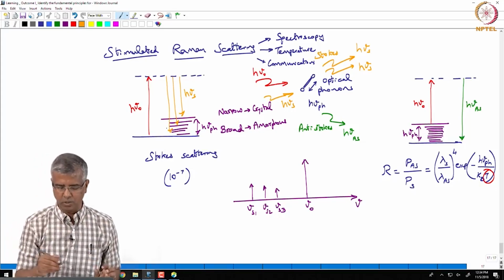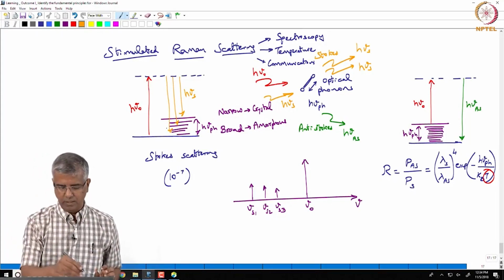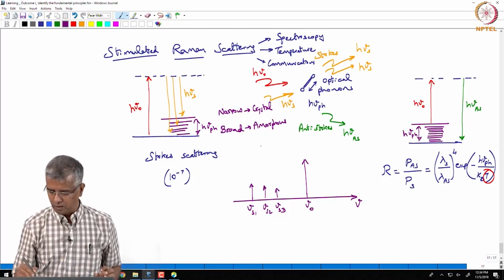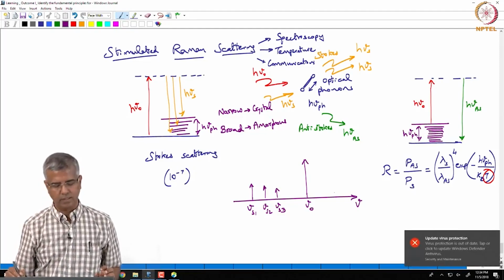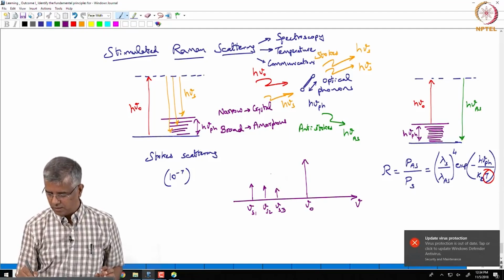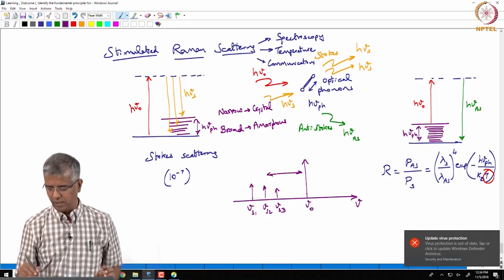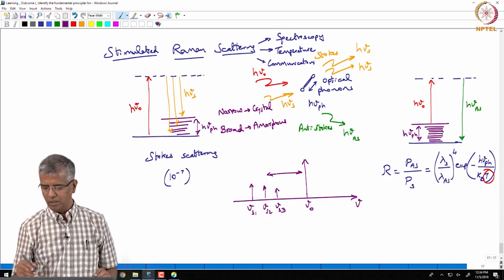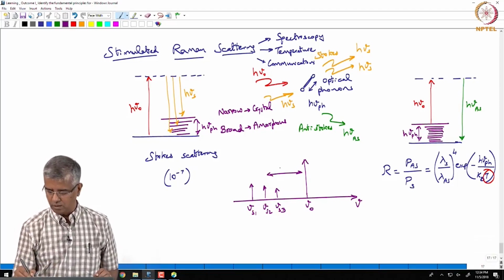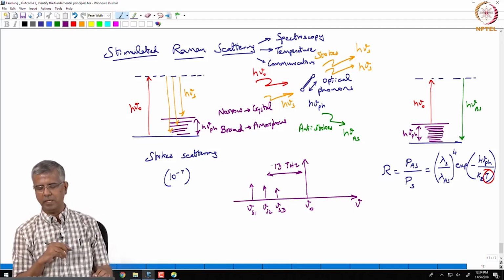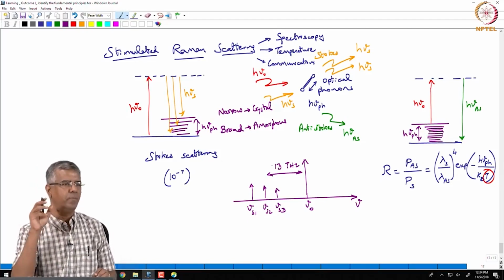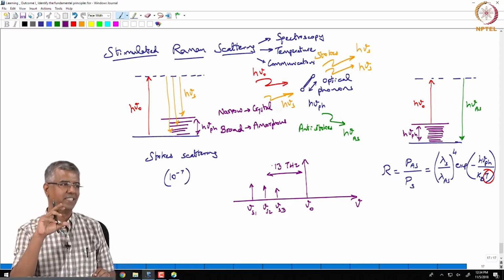Actually, what I do remember is the phonon energy frequency, right? The shift in frequency where you have maximum phonon corresponds to 13 terahertz. 13 terahertz would be roughly about 100 nanometers in wavelength.